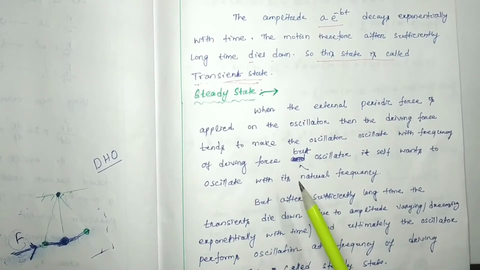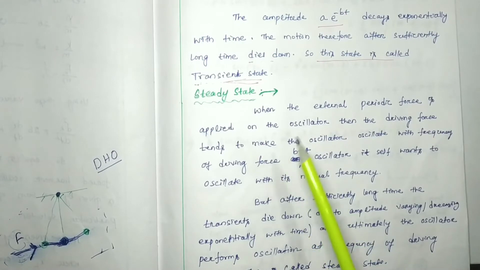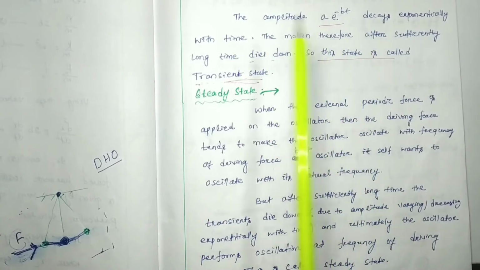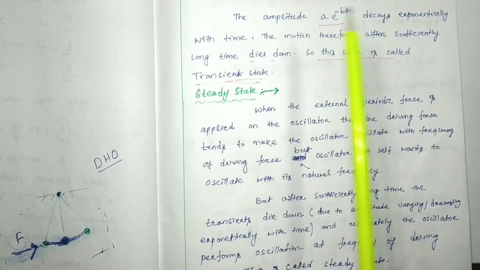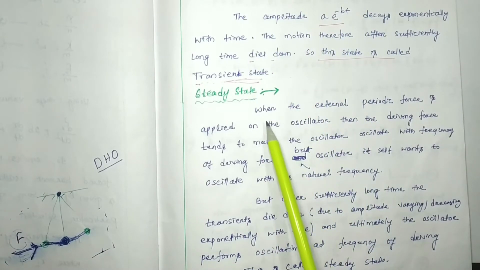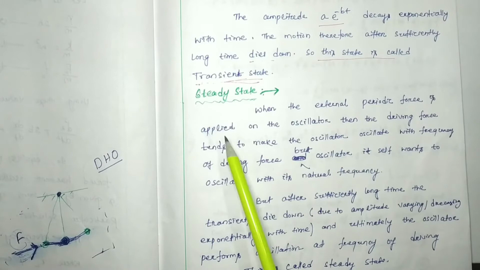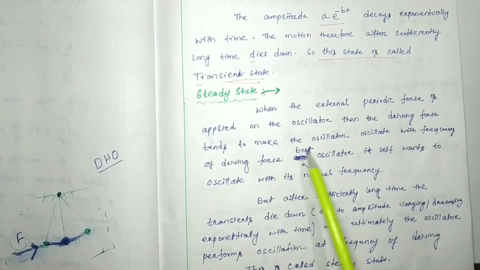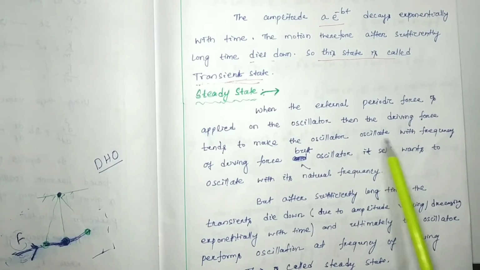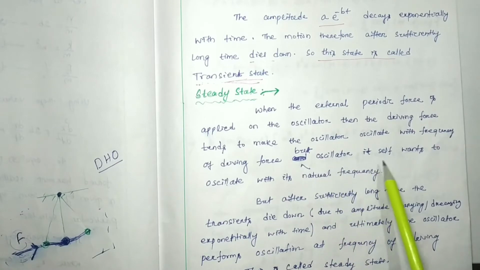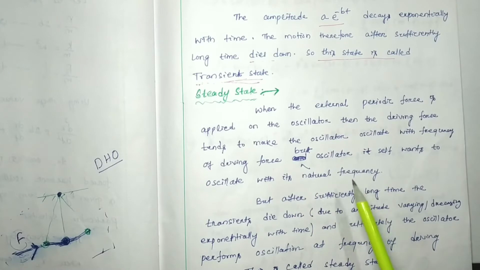When the external periodic force with a definite frequency is applied on the oscillator, the driving force tends to make the oscillator oscillate with the frequency of the driving force, but the oscillator itself wants to oscillate with its natural frequency.